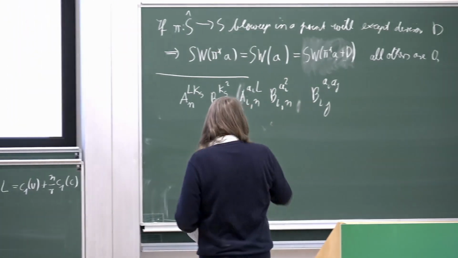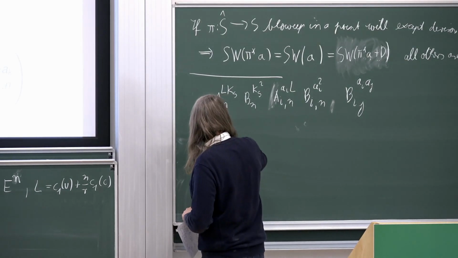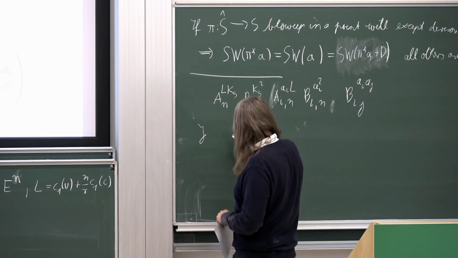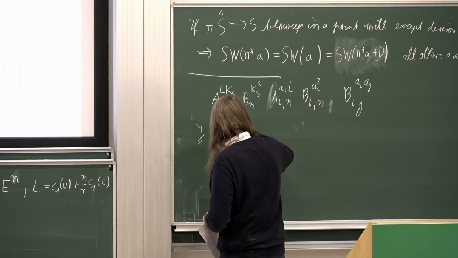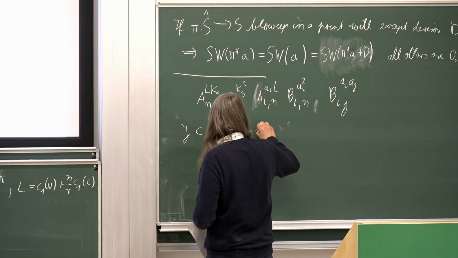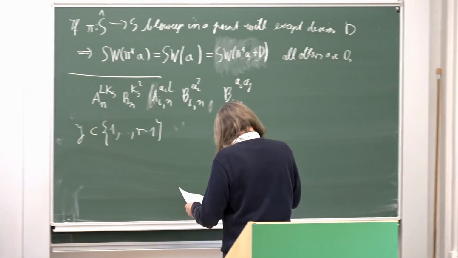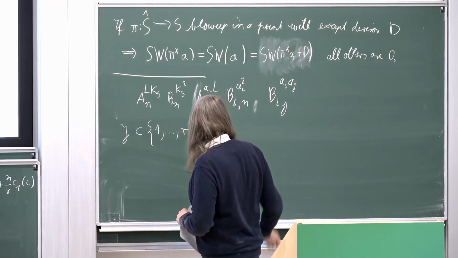And so it is convenient for some purposes, if we have a subset J in the set of numbers from 1 to R minus 1, we can collect things here.